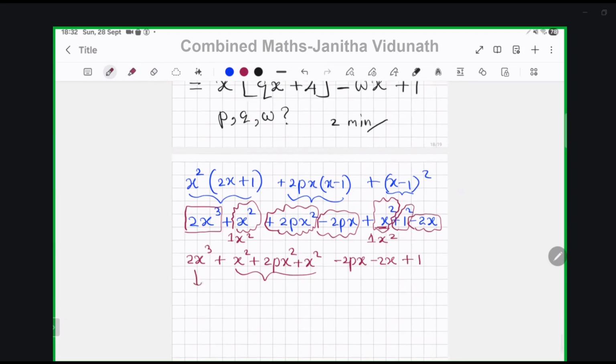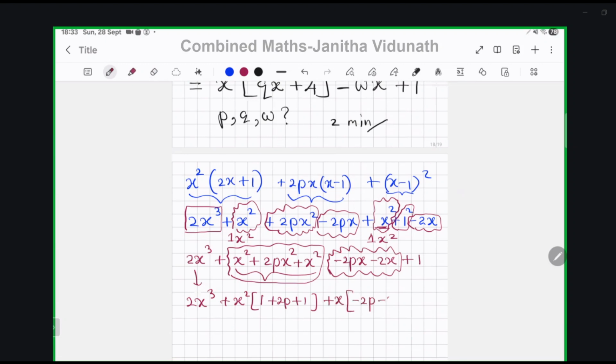Now here we have 2x cube. Plus, if we take x square out from these expressions, these terms, then we have plus 1 plus 2p plus 1. And if we factor out x from these two terms, then we have plus x. Inside the bracket, we have minus 2p minus 2.